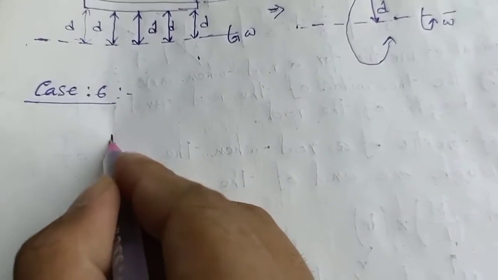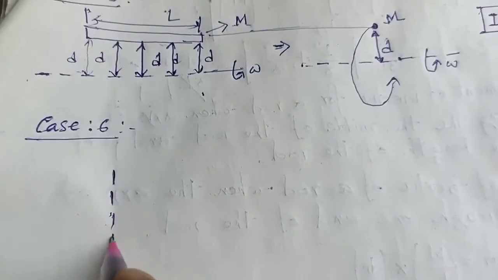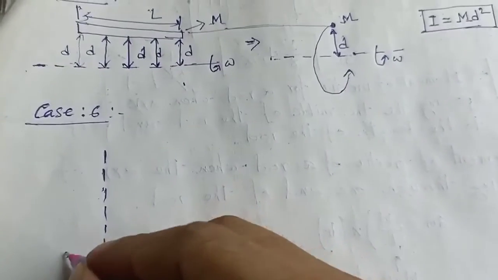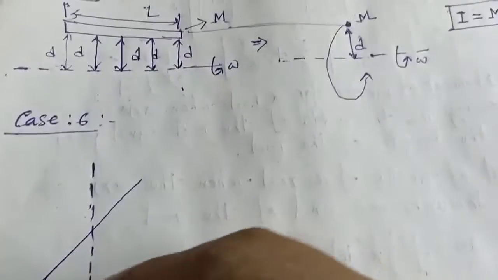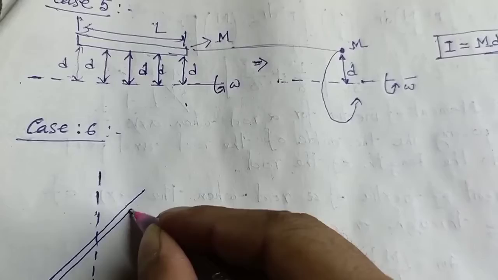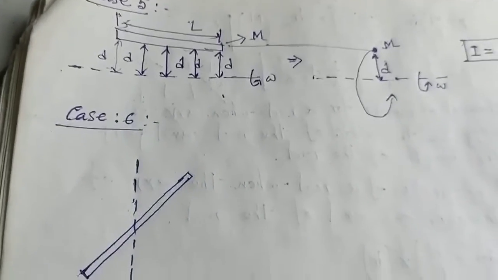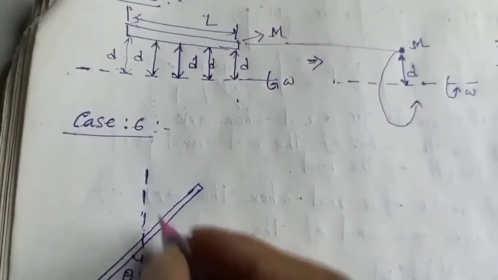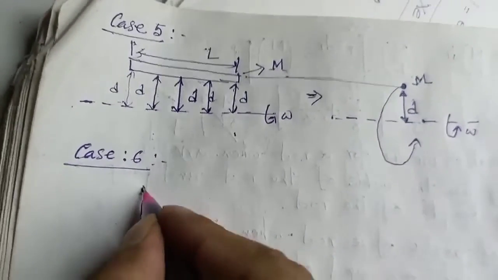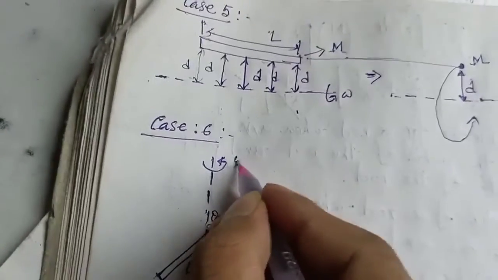The dotted line represents the axis of rotation, and our rod is rotating in this manner, and its angle is theta with the axis of rotation. The rod is rotating about this axis with omega.